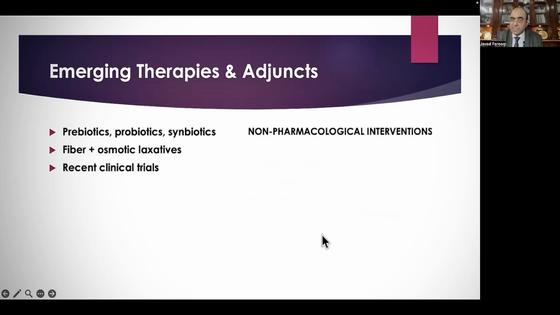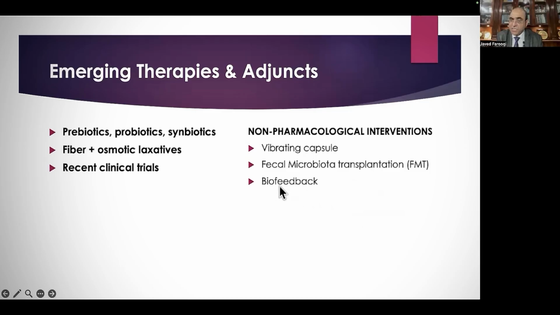And then there are clinical trials about the non-pharmacological interventions like vibrating capsules, fecal microbiota transplantation, and biofeedback mechanisms, and of course the dietary interventions.